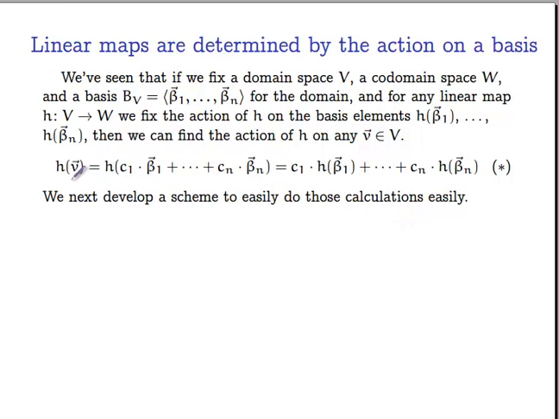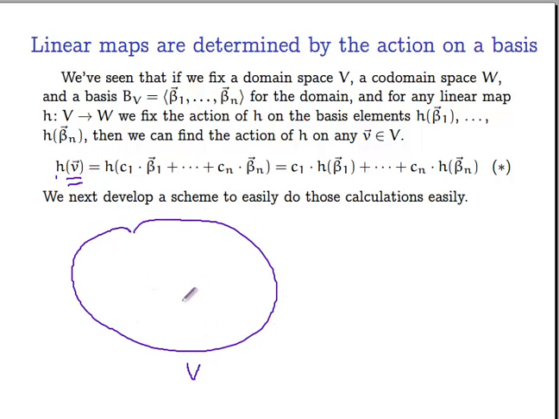All right, now suppose I want to find H acting on any possible vector in V. So I'll redraw V here. Now, V can be expressed as a sum of some constant times beta 1, C1 beta 1, plus C2 beta 2, plus C3 beta 3.